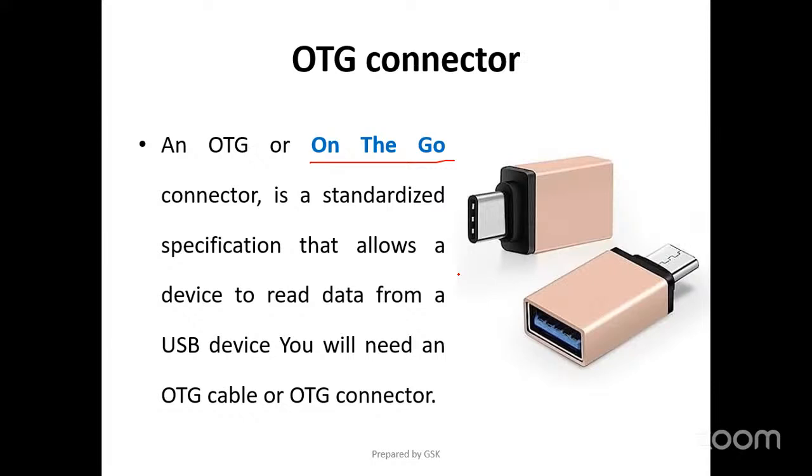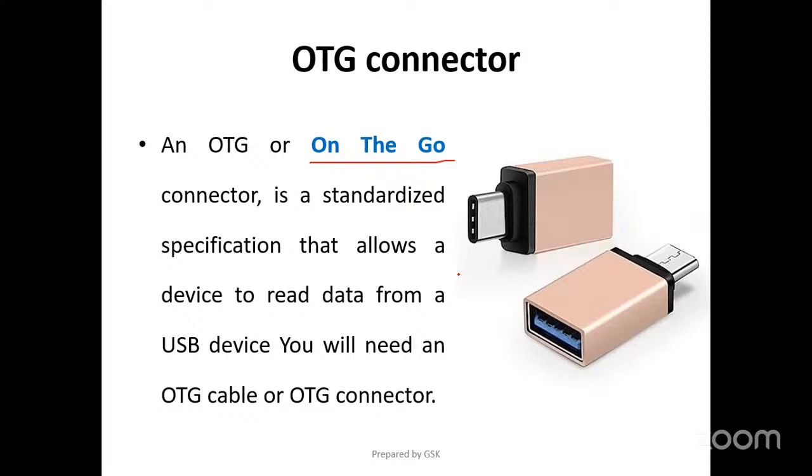It is a standardized specification that allows a device to read data from a USB device. If you want to read data from any USB device, you can use an OTG cable or OTG connector.